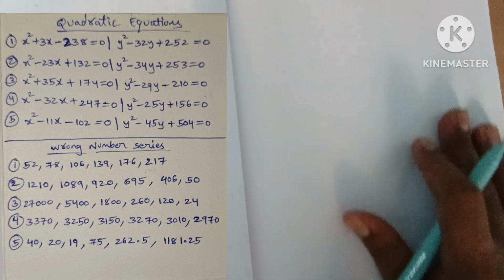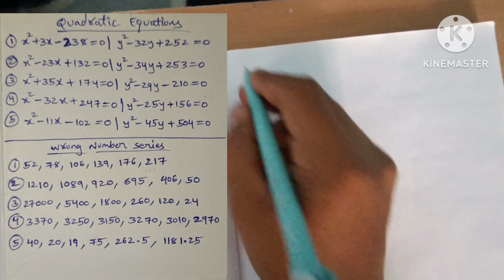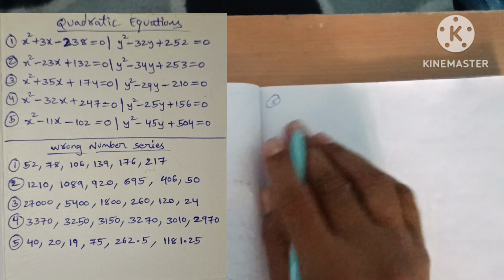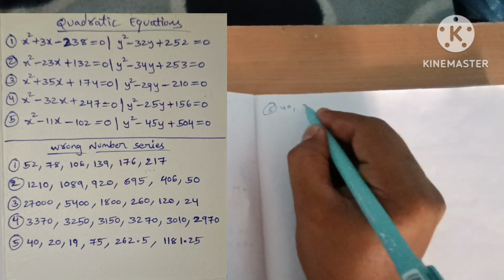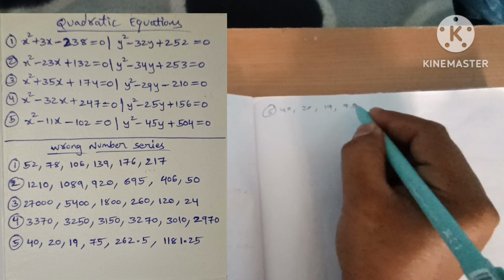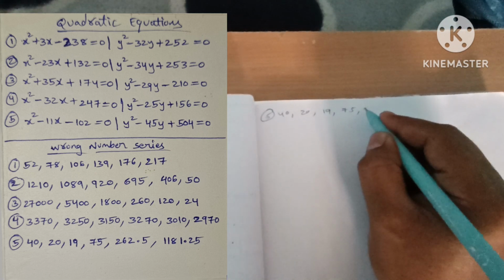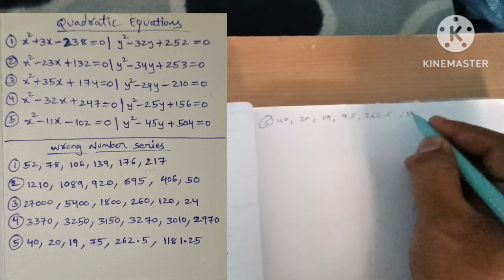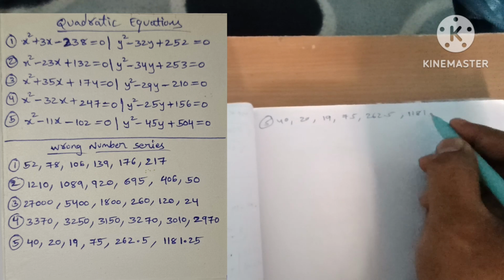Now we are going for wrong number, question number 5: 40, 29, 20, 19, 75, 262.5, 1181.25.